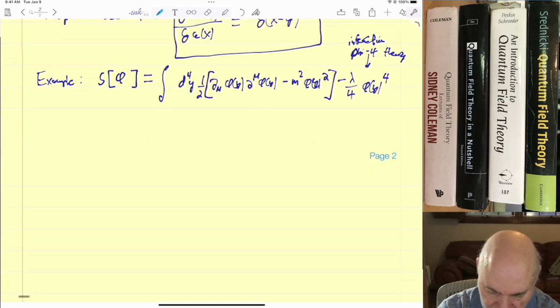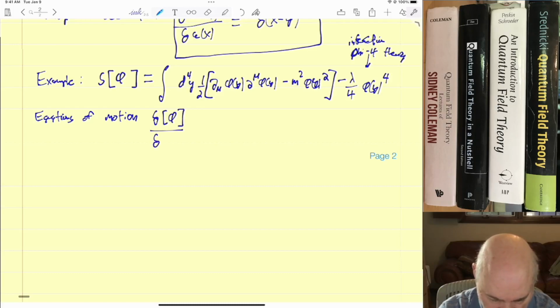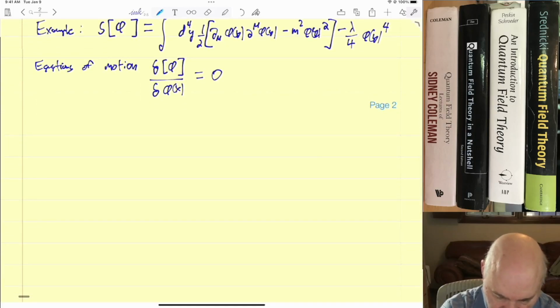So the usual equations of motion and everything, whether you use Euler, Lagrange, or whatever, is just del S over del phi of x equals 0. So let's calculate this.